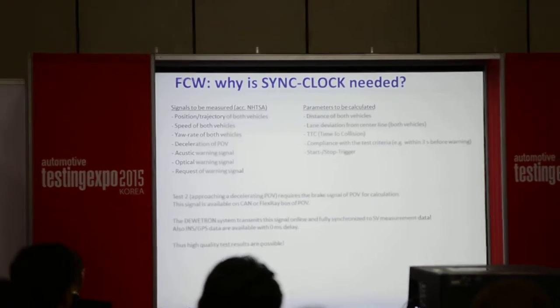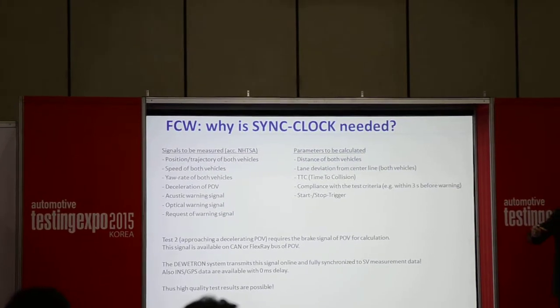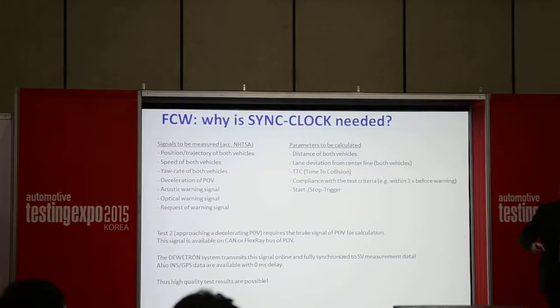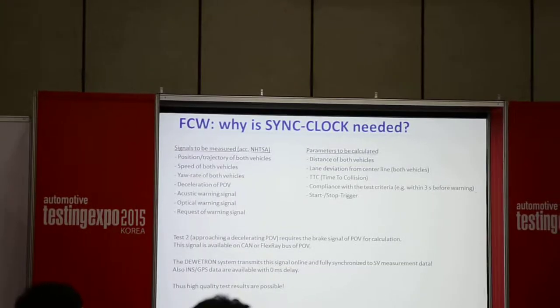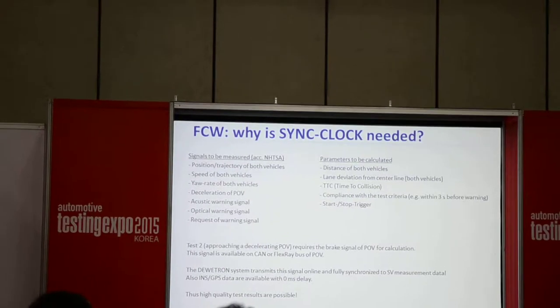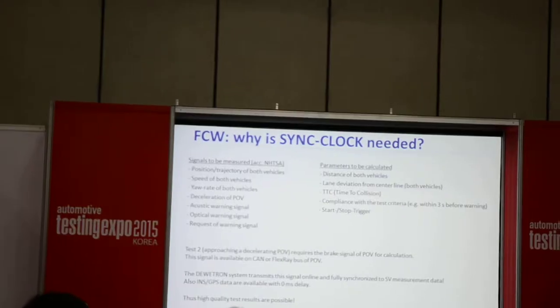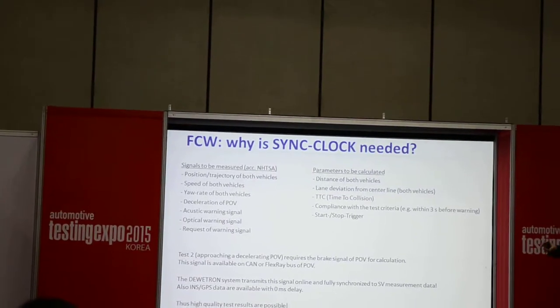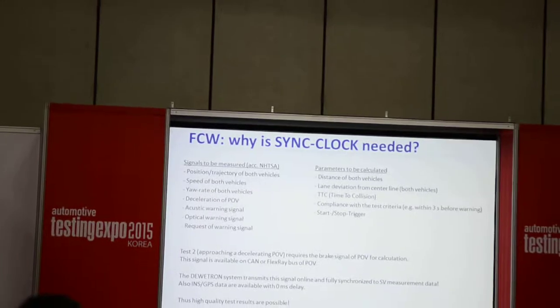This brake signal that we need is available on the FlexRay or on the CAN bus of the POV. And only because of our sync clock technology, this is no problem for us to take this signal to transfer it to the subject vehicle and have it fully synchronized with the data of the subject vehicle.